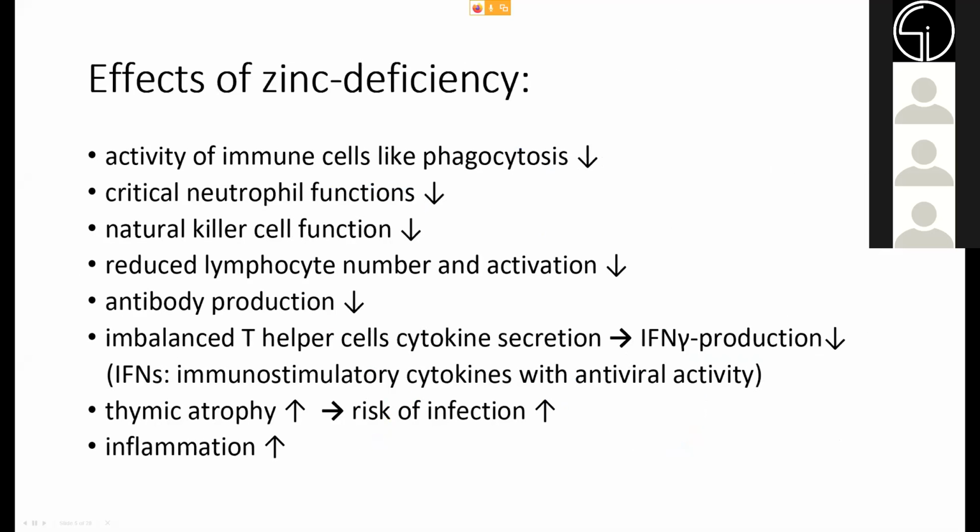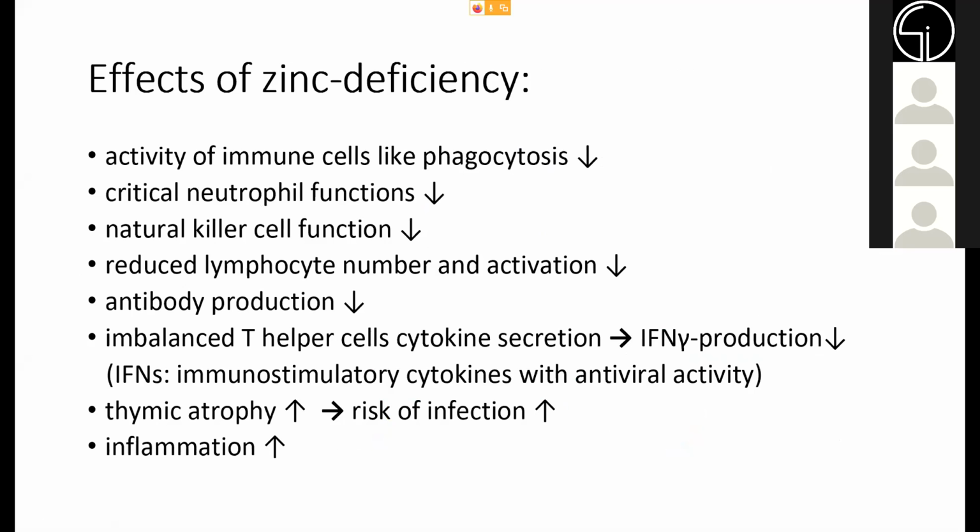Now, when there is a deficiency of zinc, there is a clearly reduced activity of different immune cells like phagocytosis. Critical neutrophil functions are downregulated. The natural killer cell function is weakened.